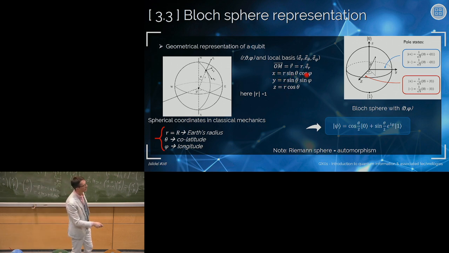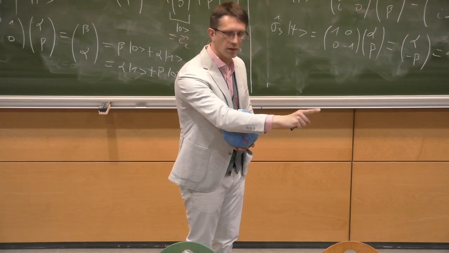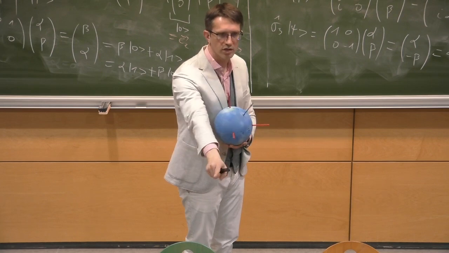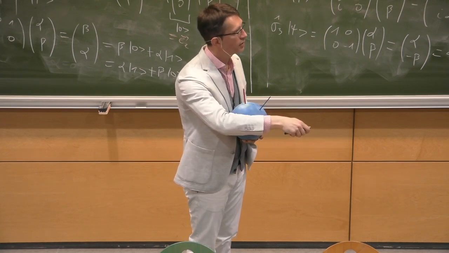X would be R sin theta cos phi, Y would be R sin theta sin phi, and Z would be just R cos theta. So that would be R cos theta along here, and then R sin theta, which you project along phi, so cos phi and sin phi for X and Y.